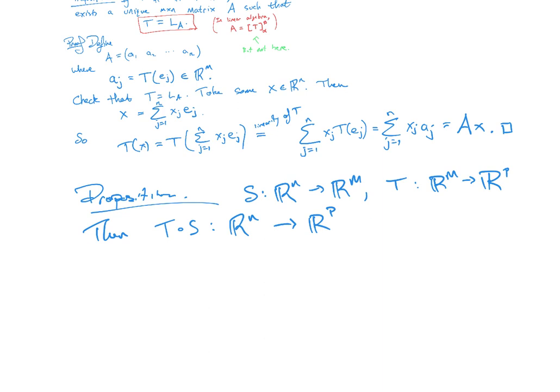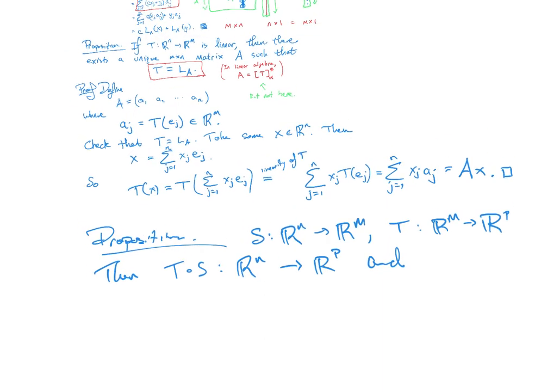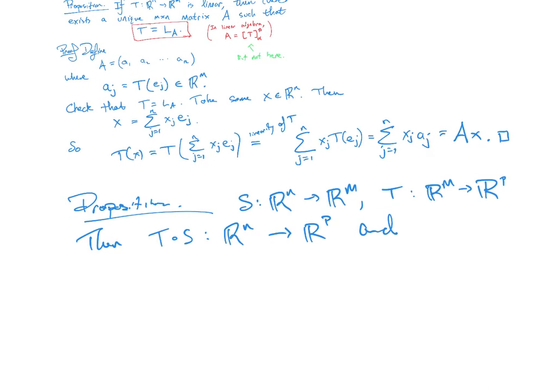If S is LA and T is LB, then this composition would be, by definition, LA followed by LB.